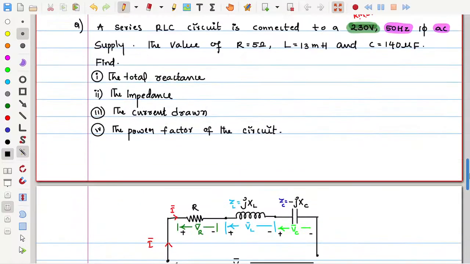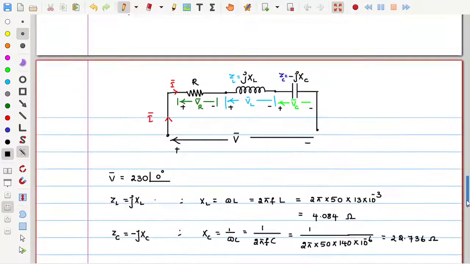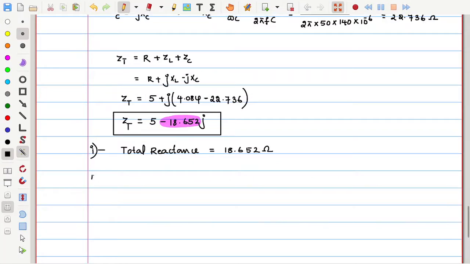And the second one is total impedance. The impedance is already calculated. So the total impedance ZT is equal to 5 minus 18.652 j, but preferably express this in polar form.